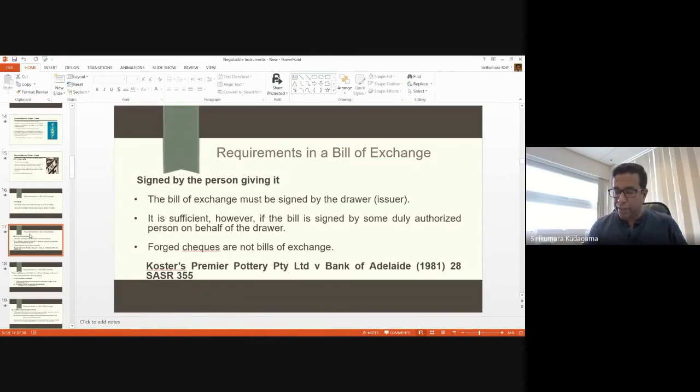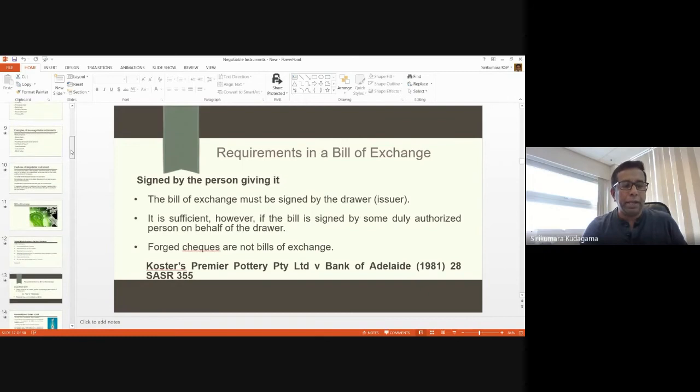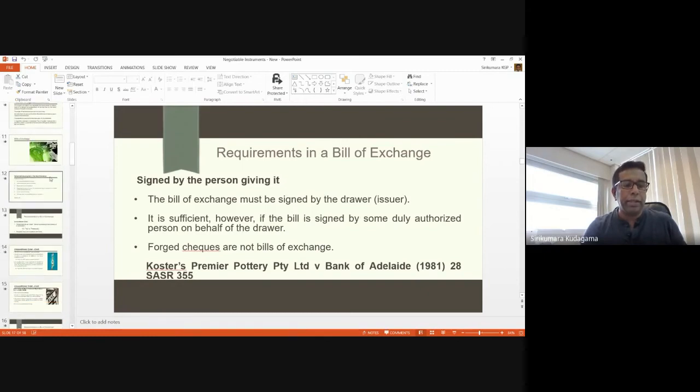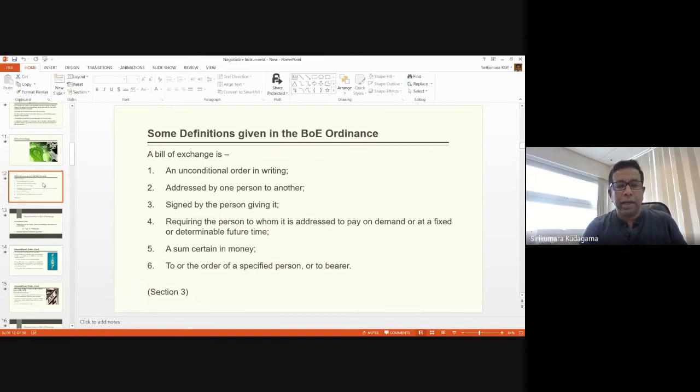So in the bill of exchange, there is a person who draws it, the drawer, and the drawee to whom it is addressed, right? And I tell the bank, I order Bank of Ceylon to pay X thousand rupees. Then X is the payee, right? So generally, a bill of exchange is an unconditional order in writing, addressed by one person to another, right?